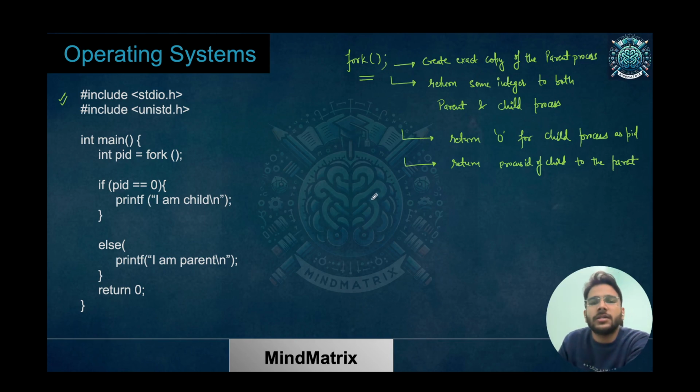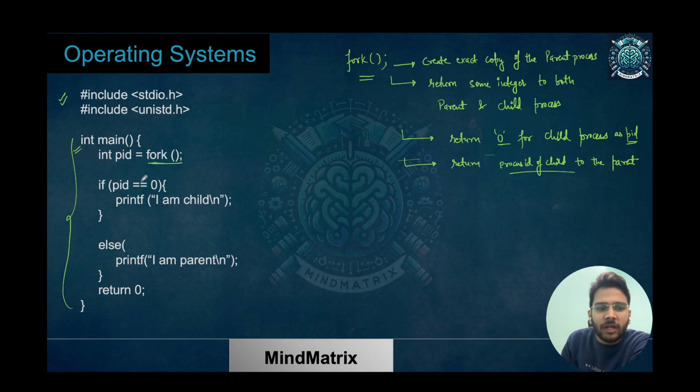So this is what is done by the fork system call. To the child process, the value 0 will be stored in the PID, and to the parent process, the ID of the child, that is the non-zero value, will be stored in the PID of the parent process. So let's see how it is going to execute. We have int main, then int pid is equal to fork, right? Now for the child, as soon as you call fork, again the same exact copy will get created.